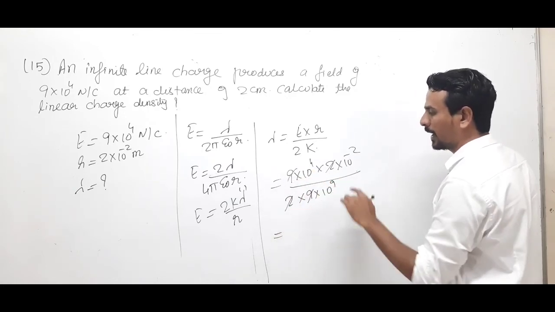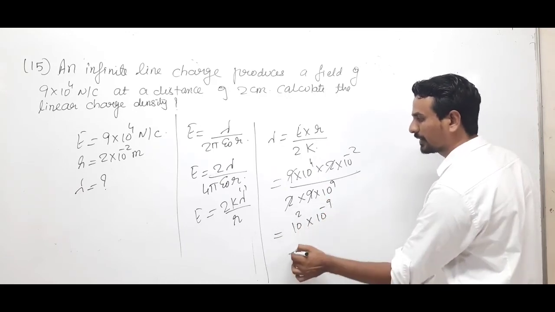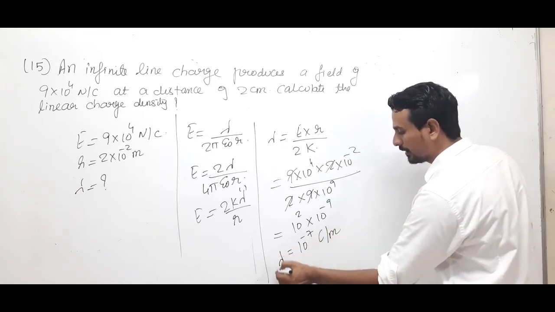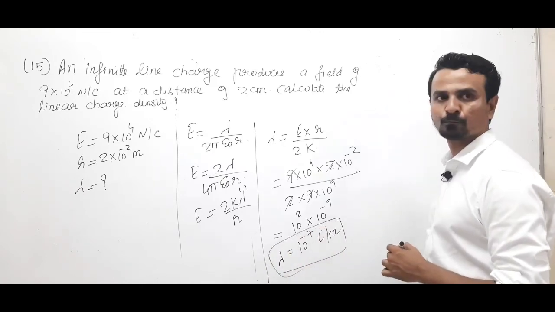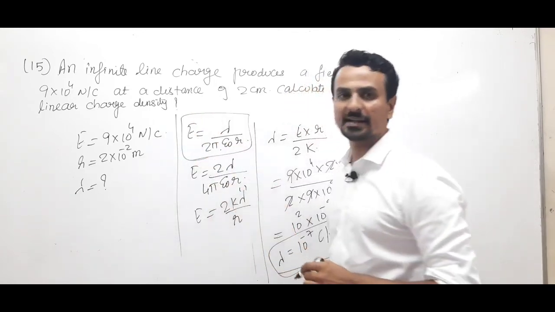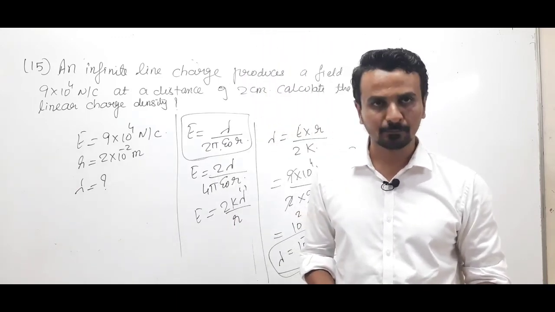So this will be 10^2 × 10^-9, so that is 10^-7 coulomb per meter. This is your linear charge density. Got it? We have just used the formula of linear charge density for an infinitely long wire, which is λ/(2πε0 r).